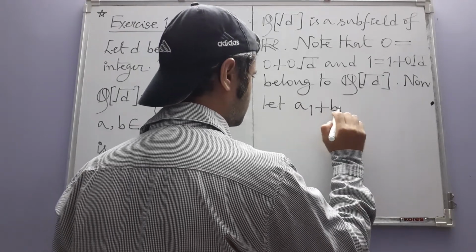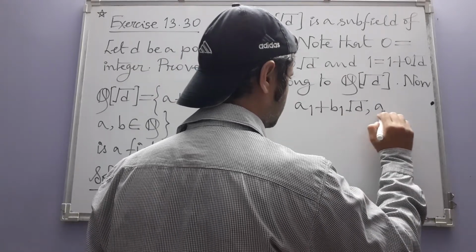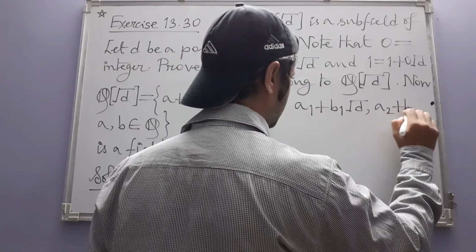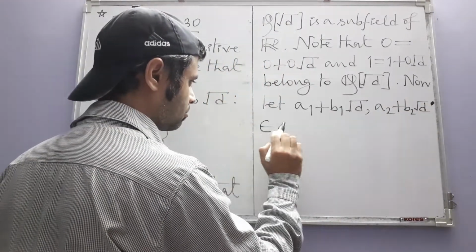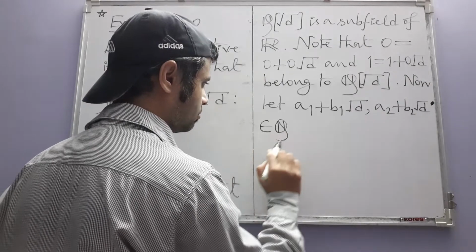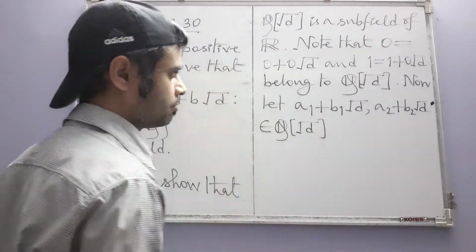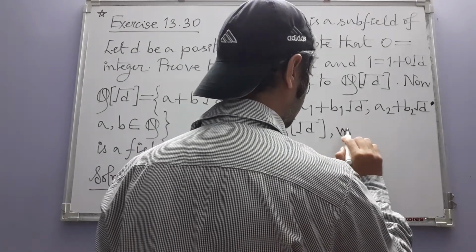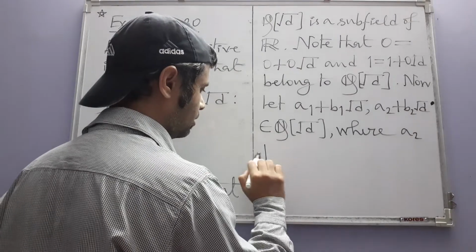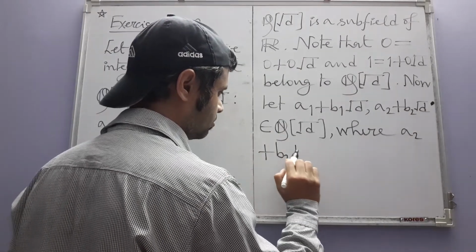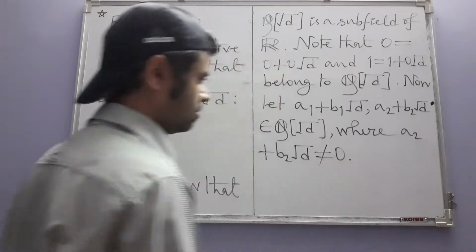A1 plus B1 root D and A2 plus B2 root D in the set, where A2 plus B2 root D is not equal to 0.